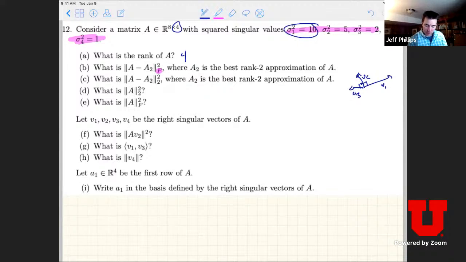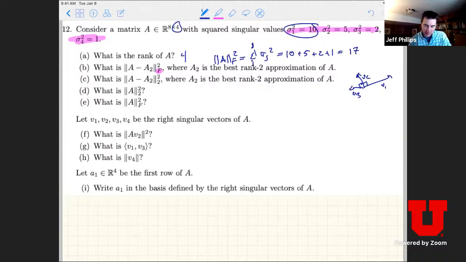Remember, the squared Frobenius norm is the sum of the squared singular values, which in this case is 10 plus 5 plus 2 plus 1. Remember, I gave you the squared singular values, so I can just add these up. In this case, this is going to be 17.